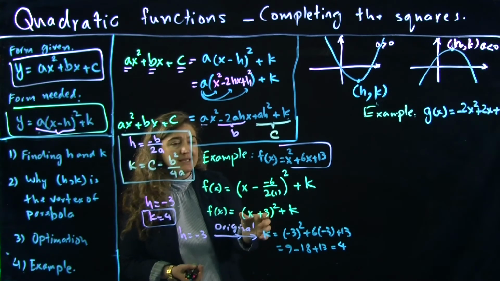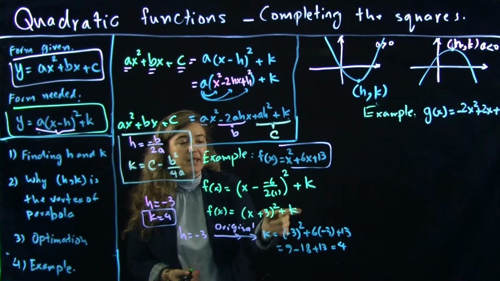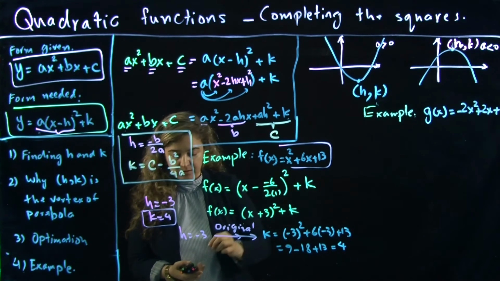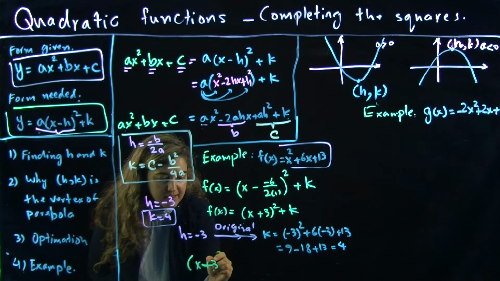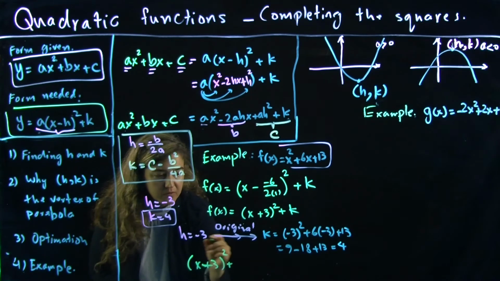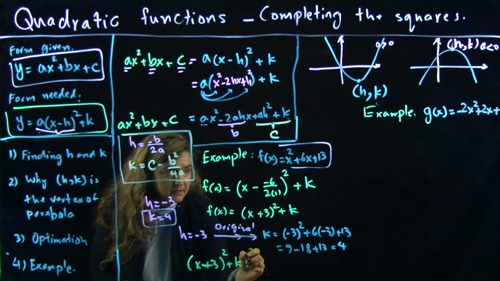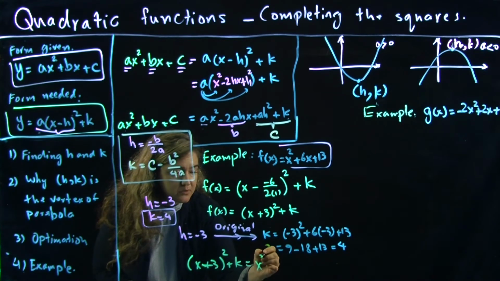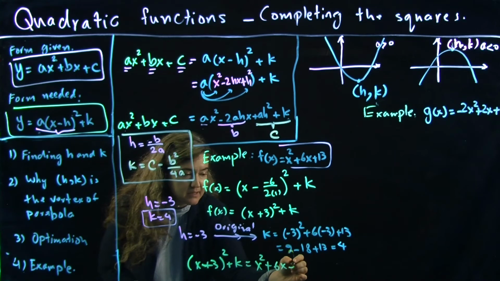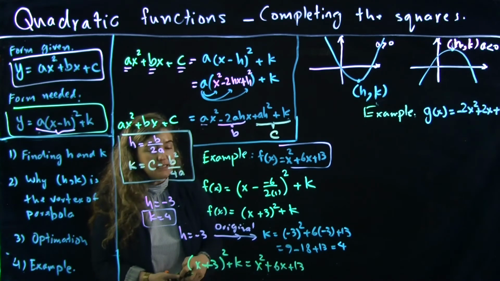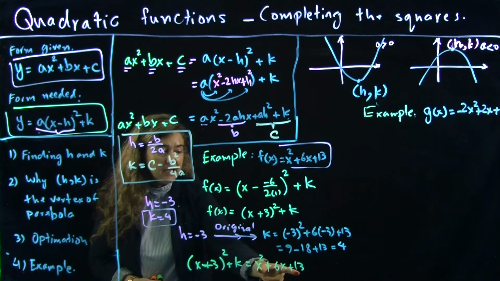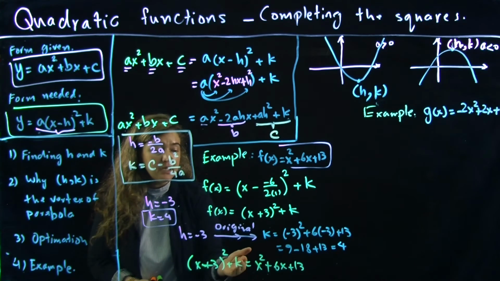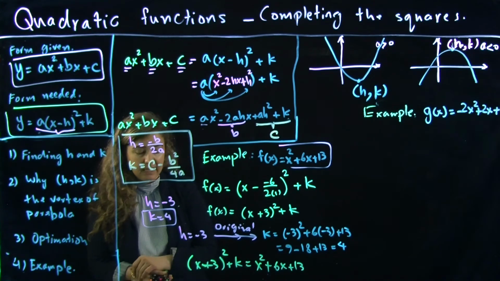Is there any other way of doing this? Yes. Going back in here, I can compare these two together. So I have (x plus 3) to power 2 plus k equal to x squared plus 6x plus 13. And then I have to expand this and compare it to here, and then solve for k.